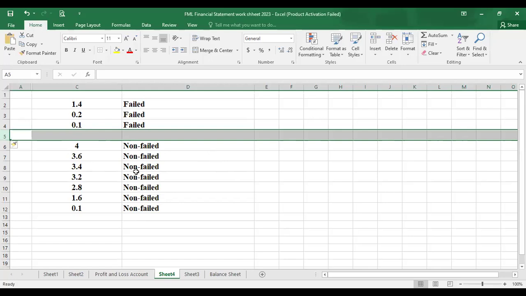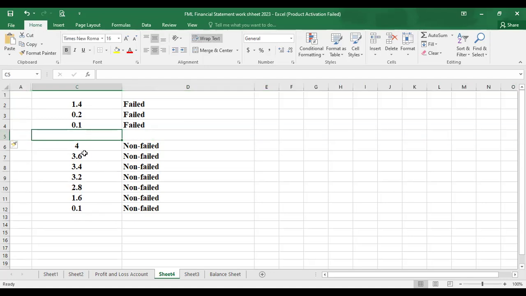What it means is that these 7 firms are still in operation, and then the 3 firms have failed. Their interest cover ratio spans from 4 to 0.1 being the minimum.